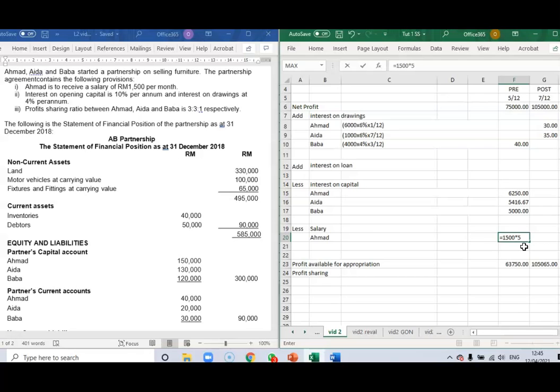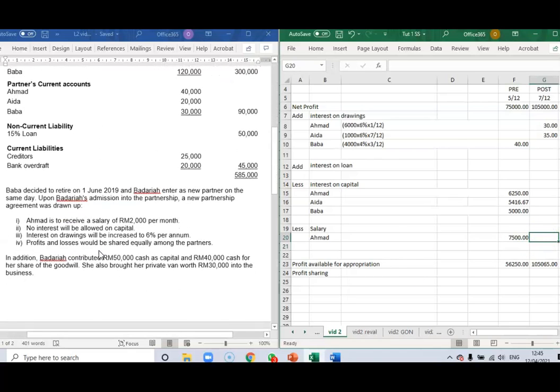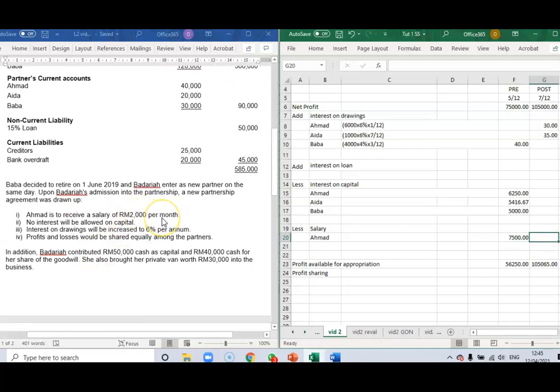So multiply by 5. And however, Ahmad will receive 2,000 according to the new agreement. So 2,000 multiplied by 7, because that is in the post column.